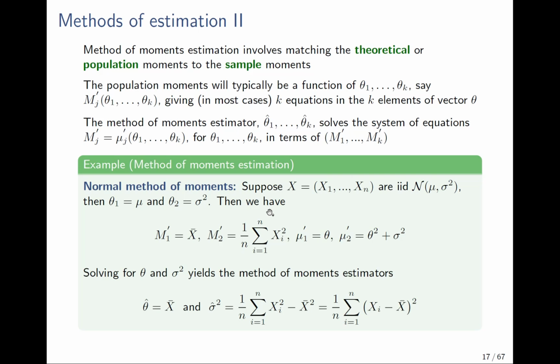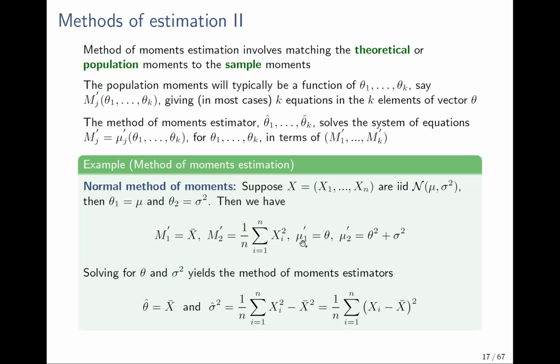We want to set the sample moments equivalent to the population moments. So m'_1 is equal to the sample mean. m'_2 is equal to the average of x_i squared. Okay, that's just defining the moments in terms of the sample counterparts.